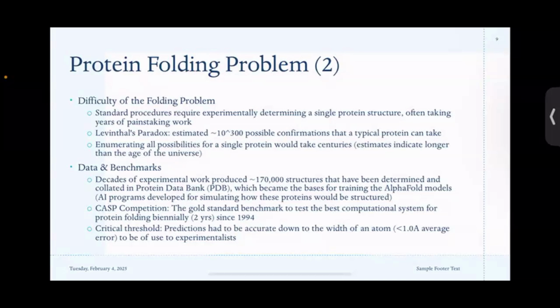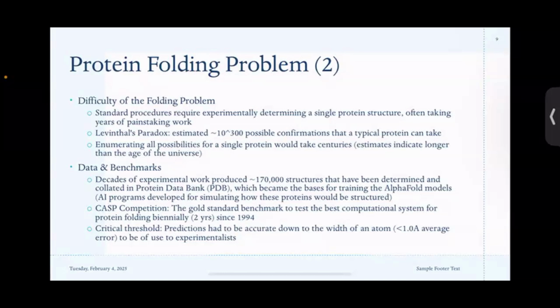Luckily, decades of experimental work produced approximately 170,000 structures that have been determined and collated in the Protein Data Bank, or PDB, which became the basis for training the AlphaFold models, AI programs developed for simulating how these proteins would be structured. The CASP competition is the gold standard benchmark to test the best computational systems for protein folding, held biennially, or every 2 years, since 1994.